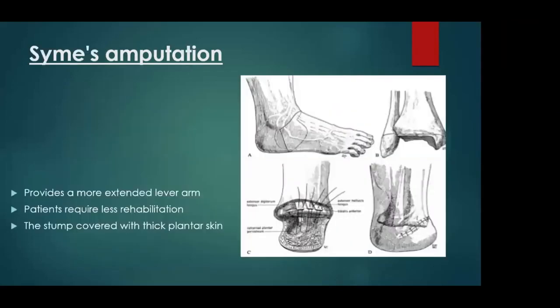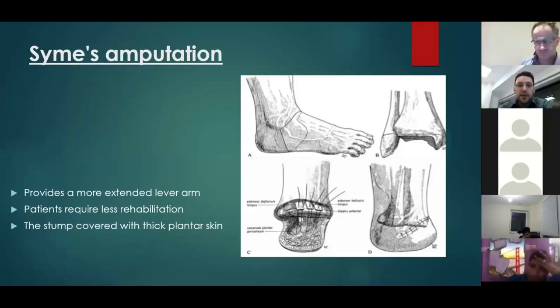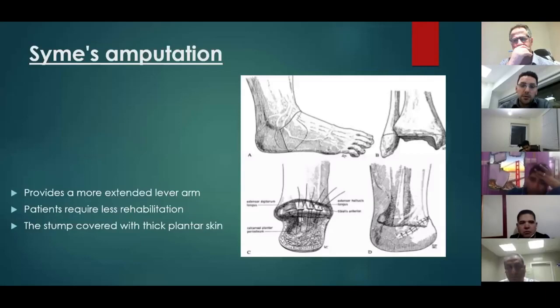Syme amputation is commonly used when you have to consider foot amputation. This articulation type of amputation is based on anchoring the heel with the fat to the tibial plafond, and also excising both the medial and lateral malleolus.